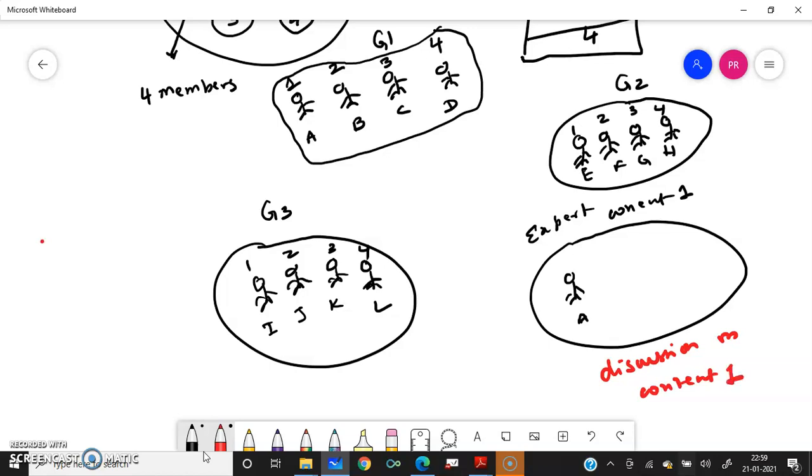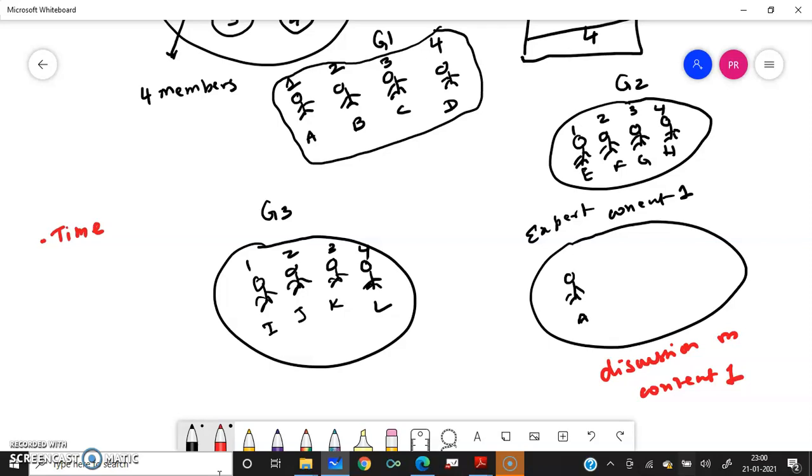First of all, time is given to the students to study their respective content. Each and every group will study their respective content. After say 2 days, they are prepared with the content, and the expert group is formed.